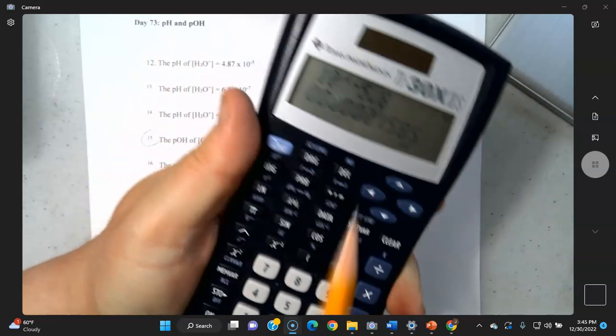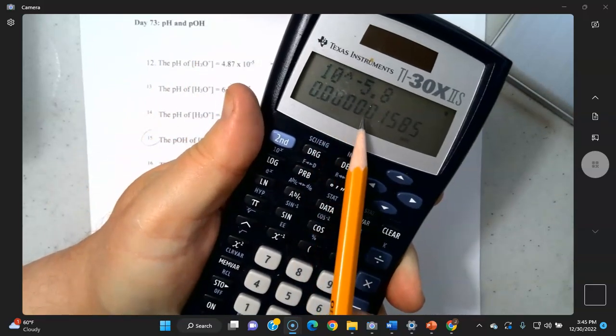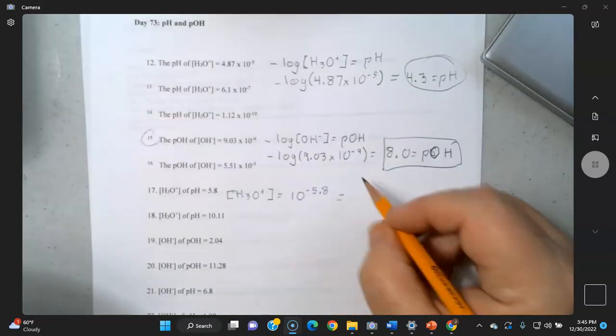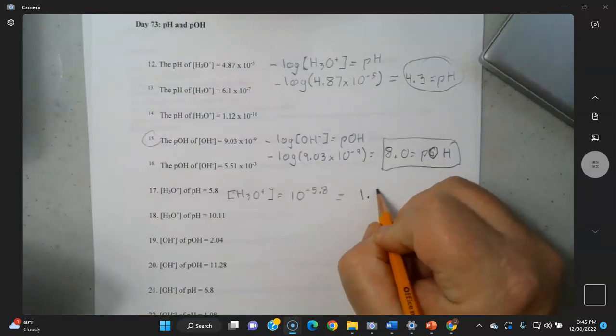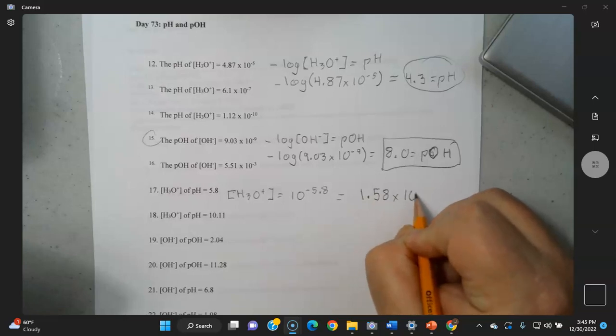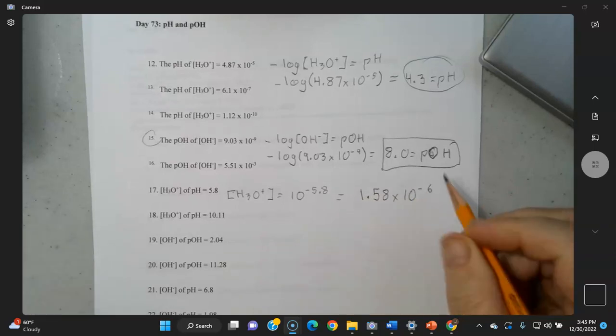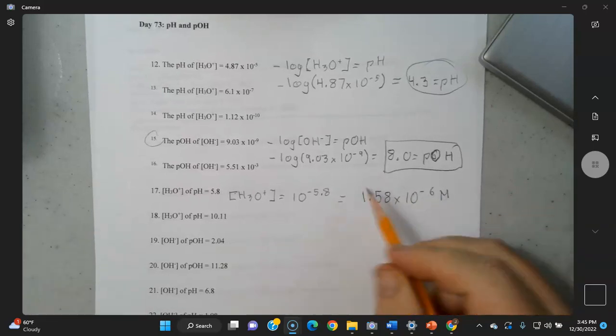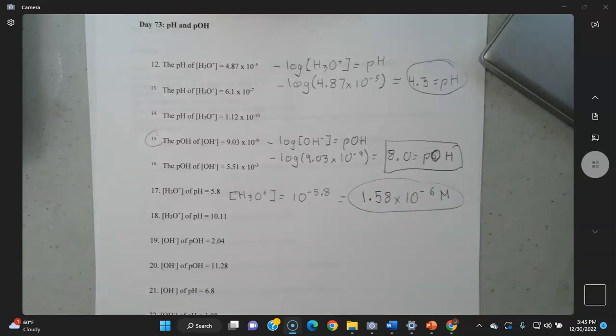Well, that's a tiny number, so let's count 1, 2, 3, 4, 5, 6. So we're going to go with 1.58 times 10 to the negative 6, and that's a concentration, so it's molar right there. Okay. All right, so I think you're kind of getting the idea. OH to pOH, so on, H3O.